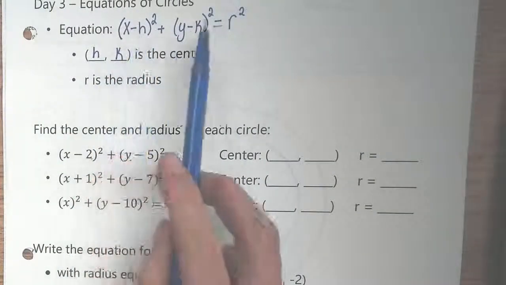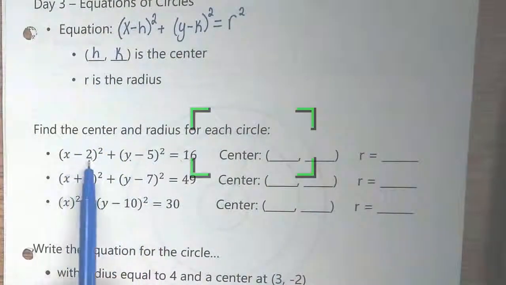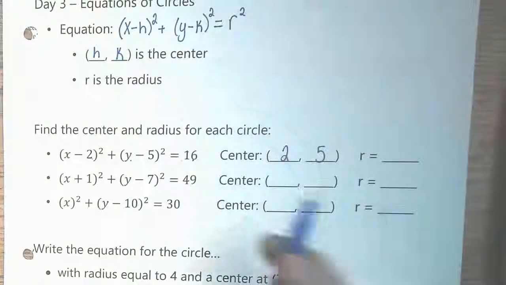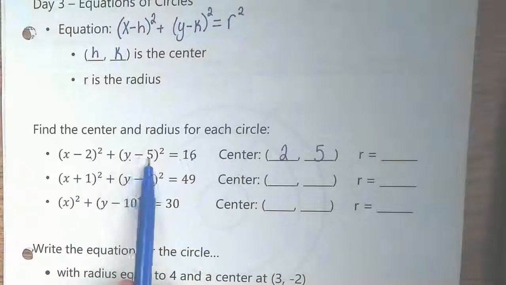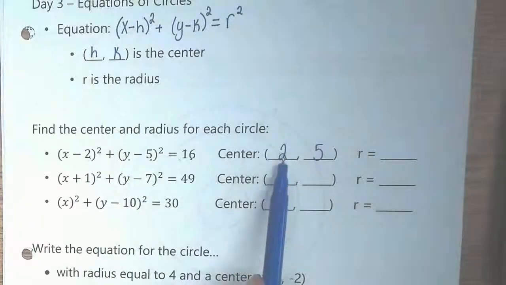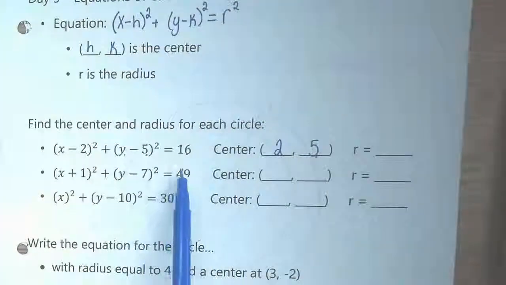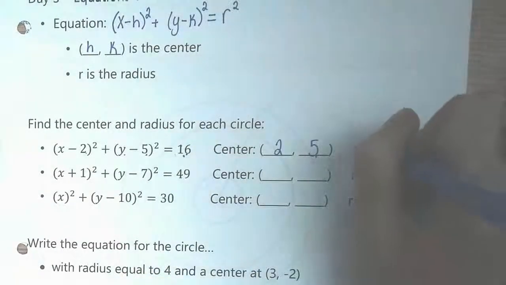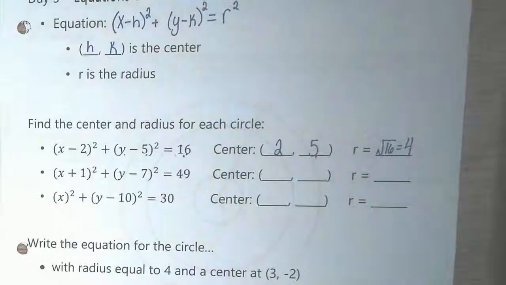So that's this number and then that number. So here, that's going to be 2 and 5. Notice that it's minus 2 and minus 5, and so I changed the signs to positive, positive. This is r squared. So r is going to be the square root of 16, which equals 4.